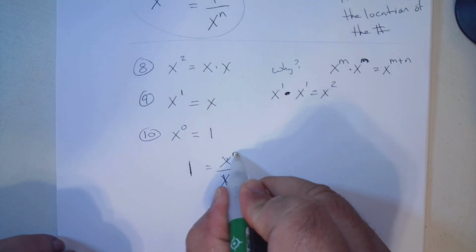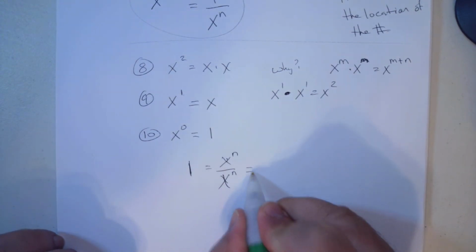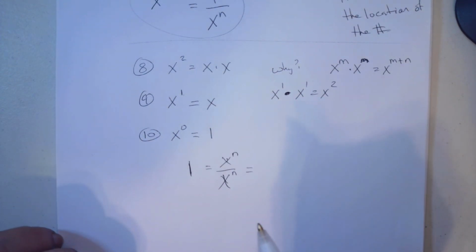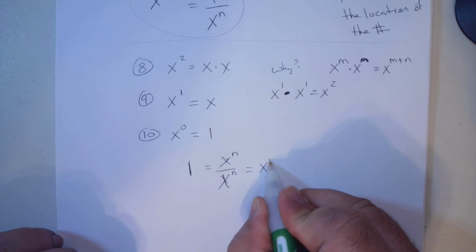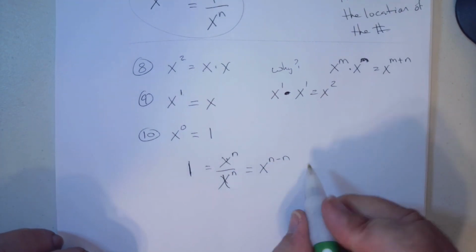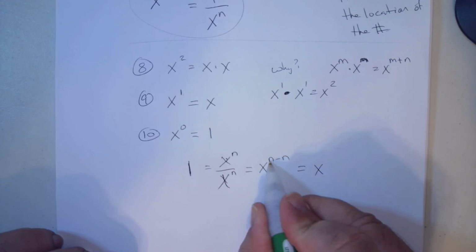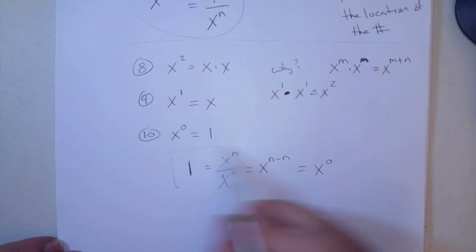So it could be anything. I can make it exponentials. Rule 5 says whenever you have fractions with exponents, same bases, we just subtract the exponents. Since they're both the same, n minus n is 0. And there's the reason why.